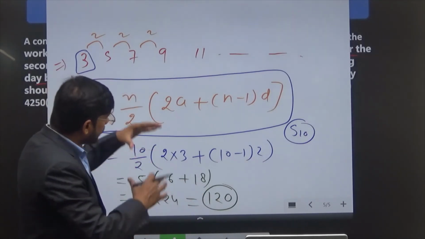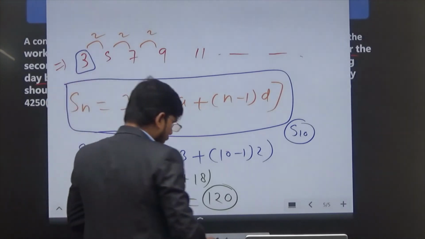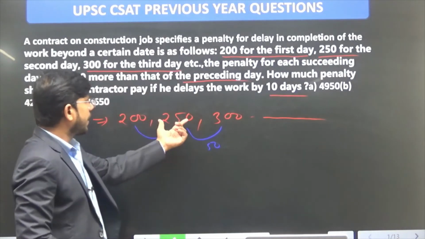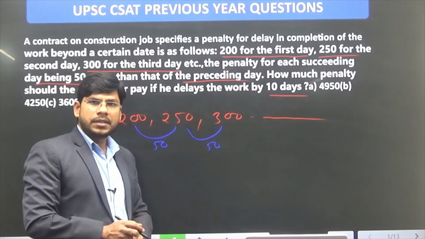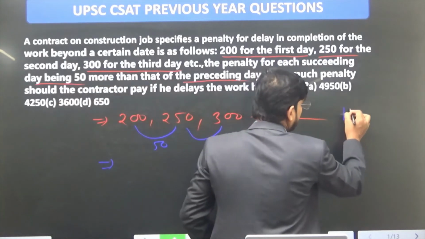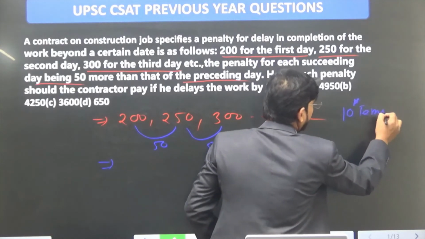On the basis of this concept the question has been given. Okay, so how can we approach this question? This is the first term, this is the second term, this is the third term. Okay, and up to what term? 10 terms.